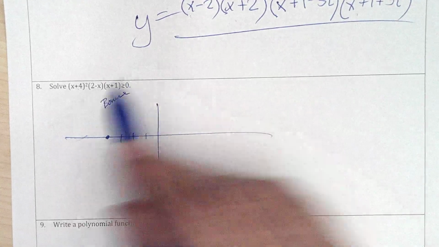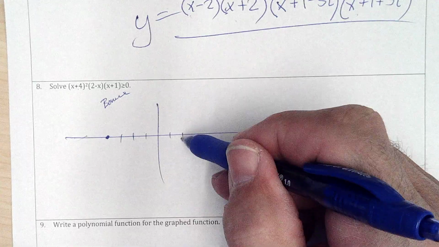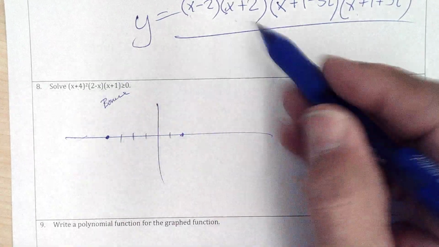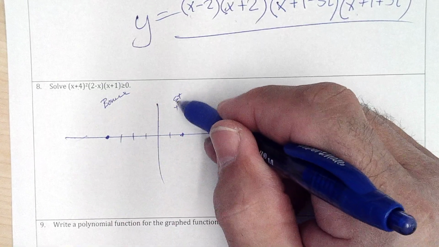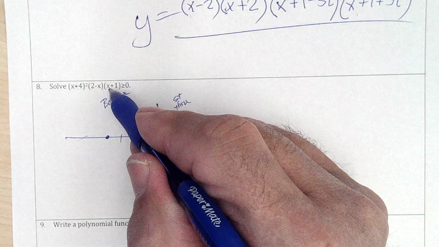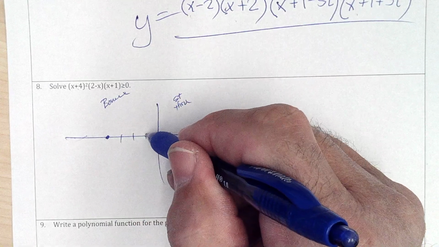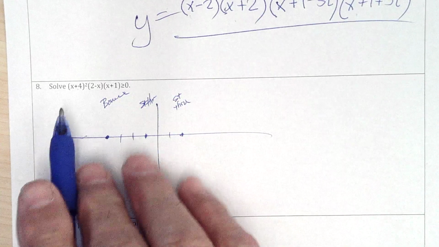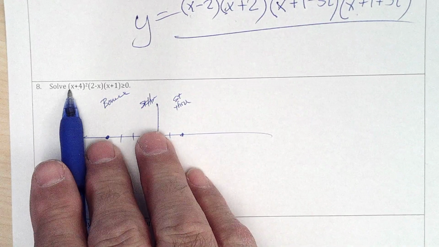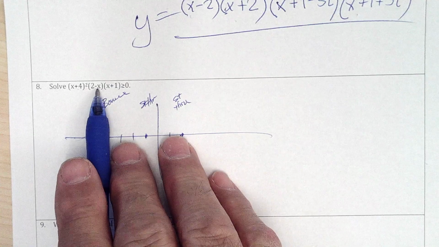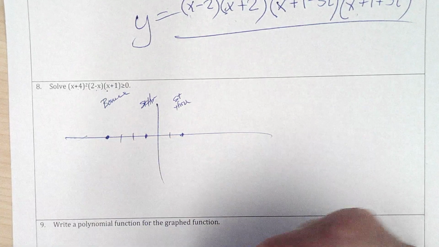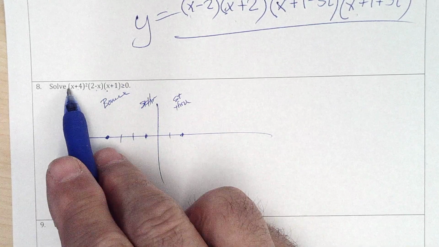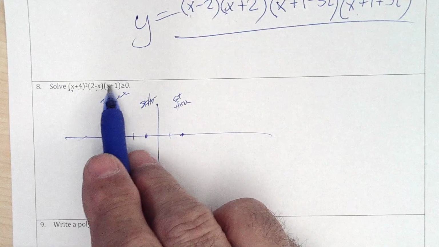It goes through 2, because 2 would make it 0, and it goes straight through. And it goes through -1. And the leading coefficient, it's x times x times -x times x. So it's a -1. And this is 1, 2, 3, fourth degree.